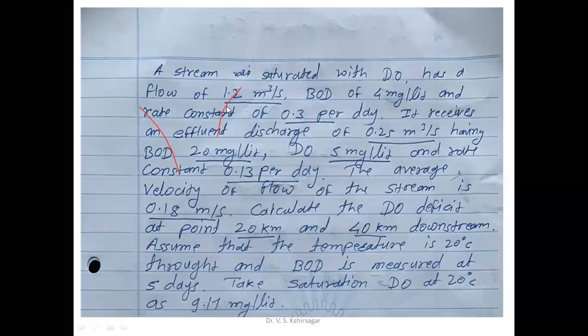Okay, until she wakes up, you guys please write down the problem. A stream saturated with DO has a flow of 1.2 meter cube per second, BOD of 4 milligram per liter, and rate constant 0.3 per day.